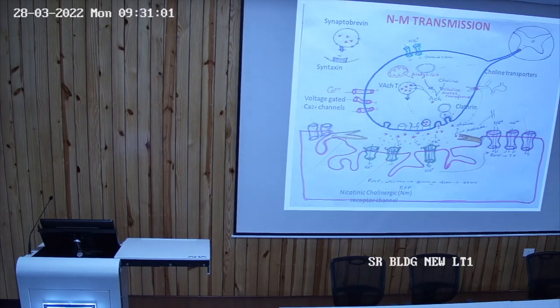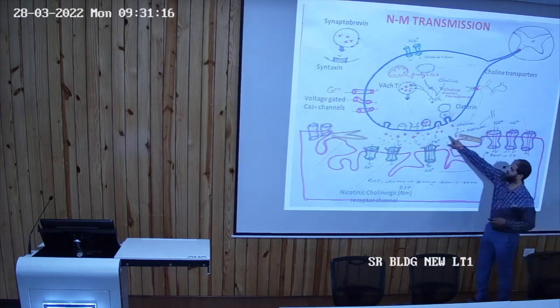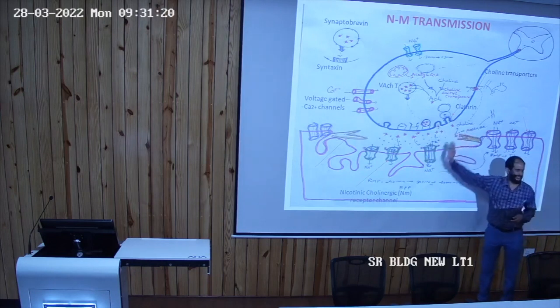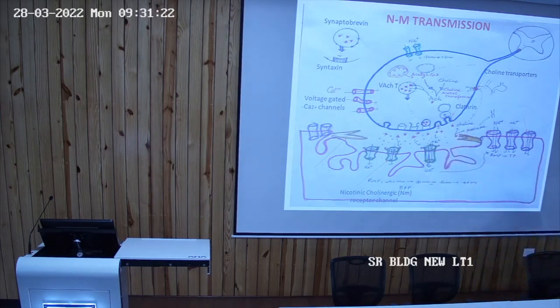But this transmission has to end somewhere. So the acetylcholine does not have to remain forever. To break down and control this acetylcholine, there are acetylcholinesterase enzymes present on the membrane itself, or floating in the ECF also.